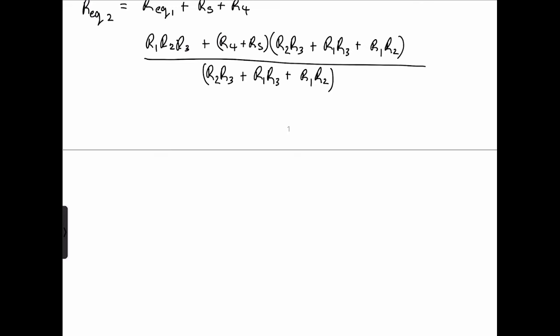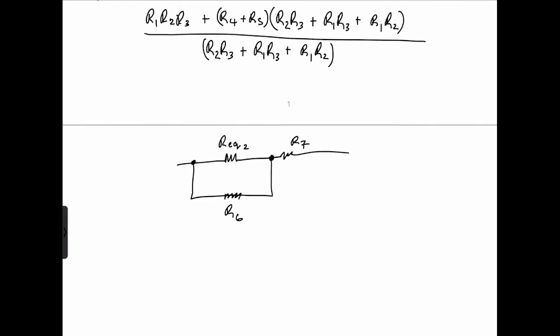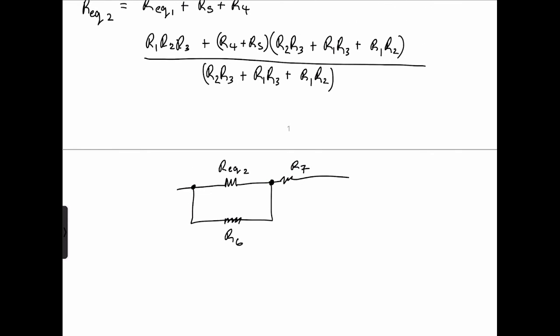So we can draw that as R equivalent 2, R6, and R7. So we can combine these in parallel. So again, we basically just add, well, not add because this is in parallel.